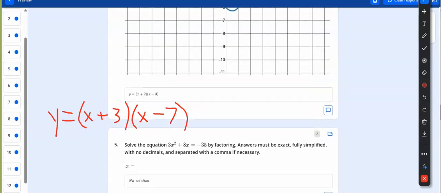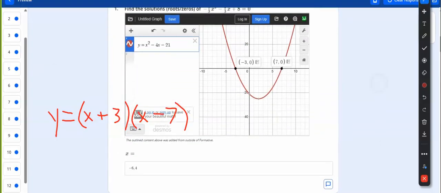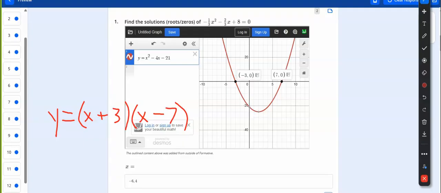Number 5 said solve by factoring. But if you're telling me that we can graph, then we don't have to actually do factoring. We can graph it, look at the picture, and see what it says. And then, of course, my answers, I list them out, -3, 7.